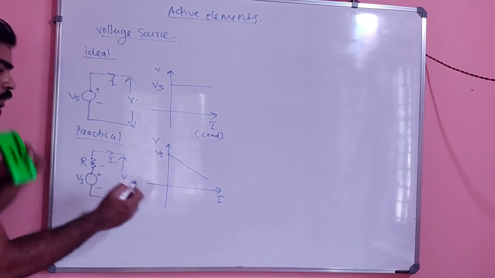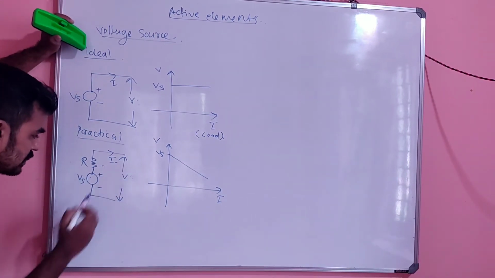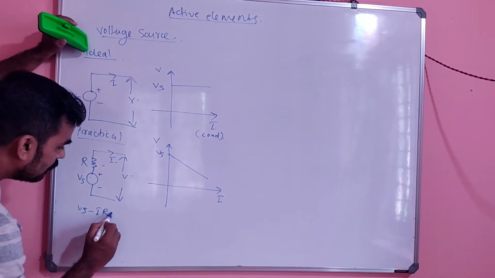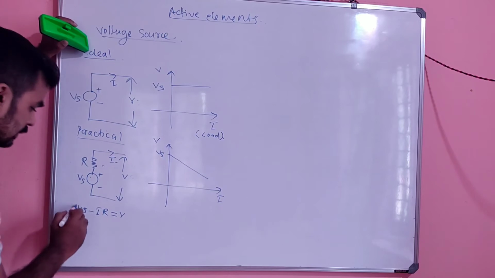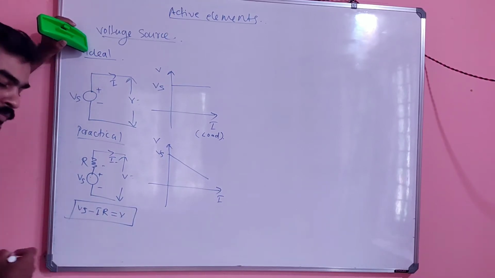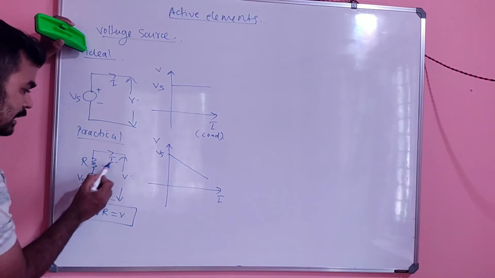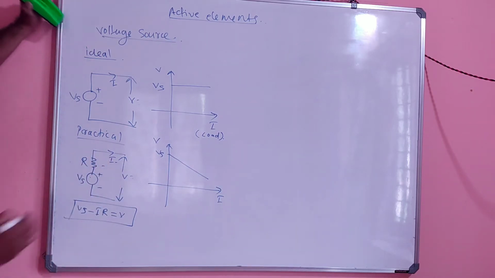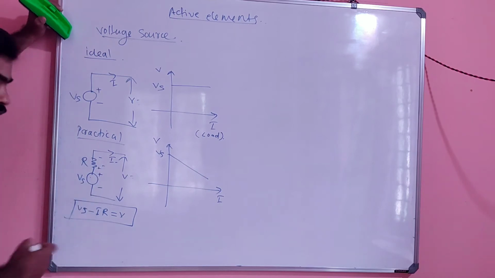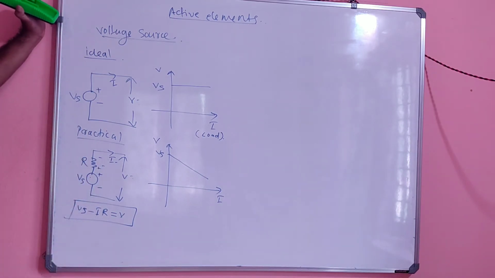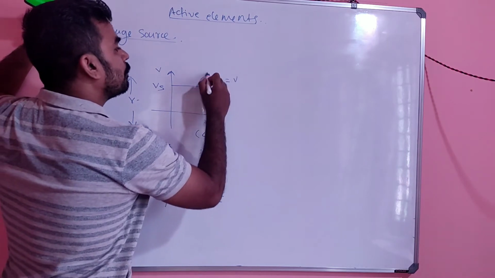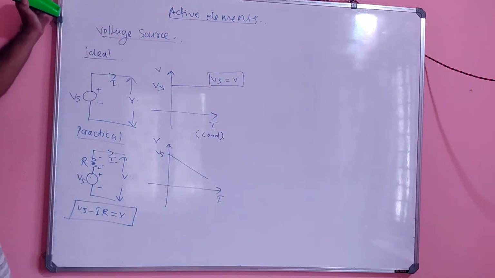So the terminal voltage equation is Vs minus I into R equal to V. Here, Vs is plus and the drop is minus. For the ideal case it is simply Vs equal to V. So this is the concept of a voltage source.